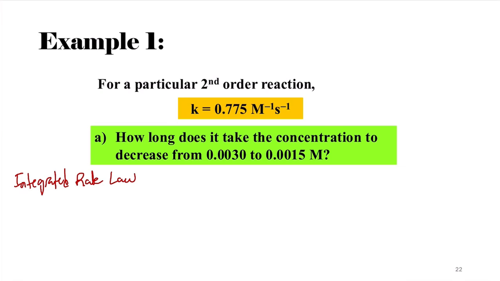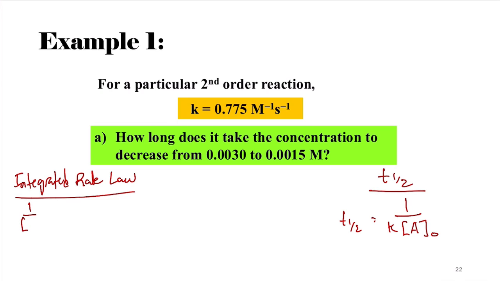The half-life, right? So the other way we can solve for it is using the half-life, the expression that we just derived. So the half-life, which is the time it takes for the concentration to halve its initial concentration, is equal to 1 over k times the initial concentration.